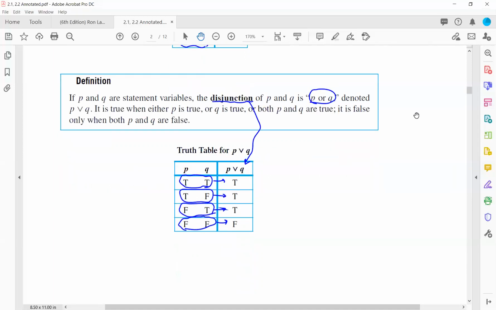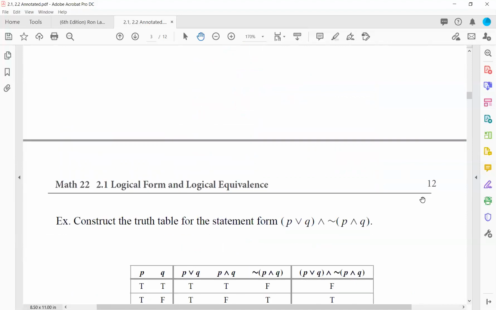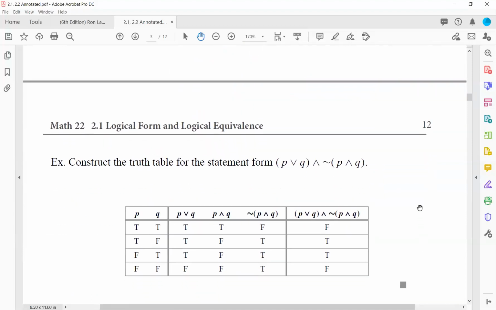Very well. Okay. Let's take a look at this example. Our goal is to construct the truth table for this compound statement. So let us break down this statement into smaller pieces and then form the truth table.